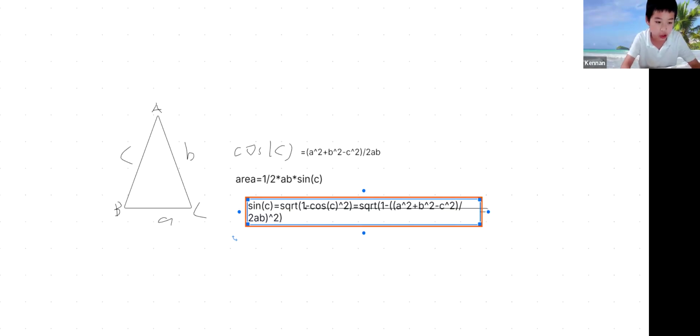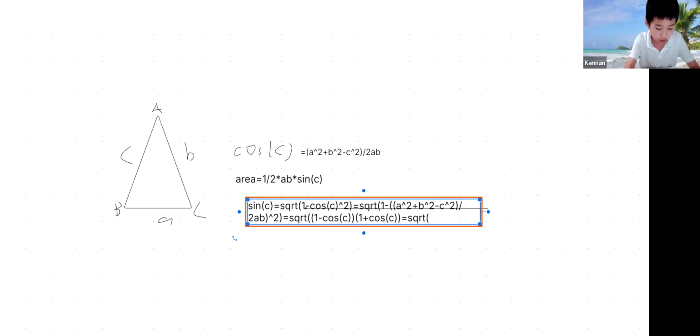So then we know that by a difference of squares, this is 1 minus the cosine squared. So this is 1 minus cosine c, times 1 plus cosine c. And then plugging this in again, let me calculate.